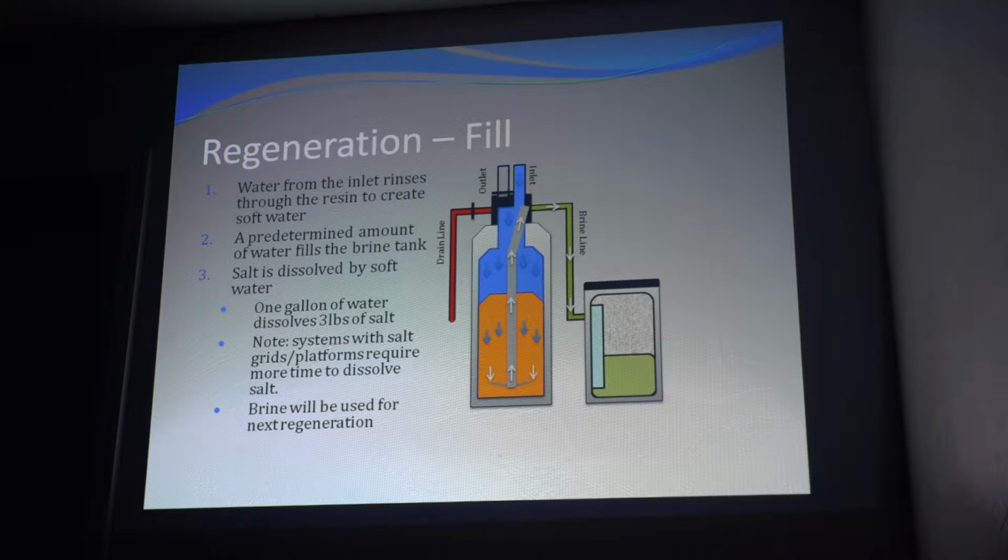You're going to create a saturated brine extremely fast. Versus when you have a salt grid, a salt platform, it takes a significant amount of time to saturate all the water below that grid with salt. Is that true? Yes, very much so. Because you usually have approximately 1 inch of water over the salt grid.